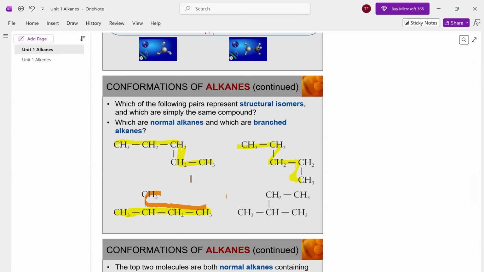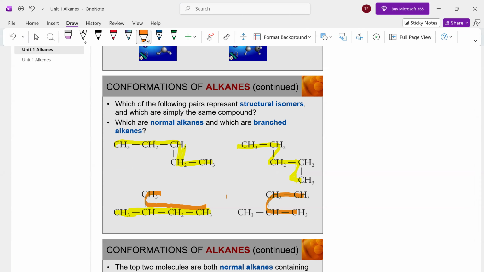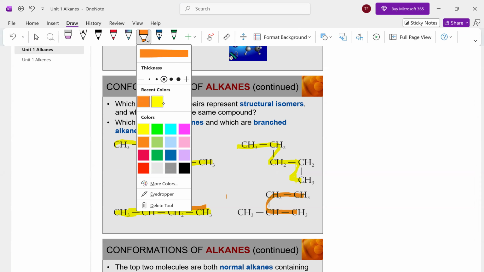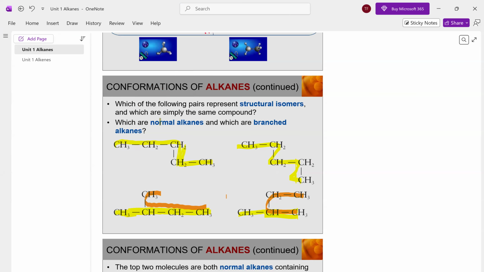Okay, let's look at this one over here on the right. That's four carbons long. If we choose the horizontal one, it's only three long. Four is bigger than three. Tough math, huh?